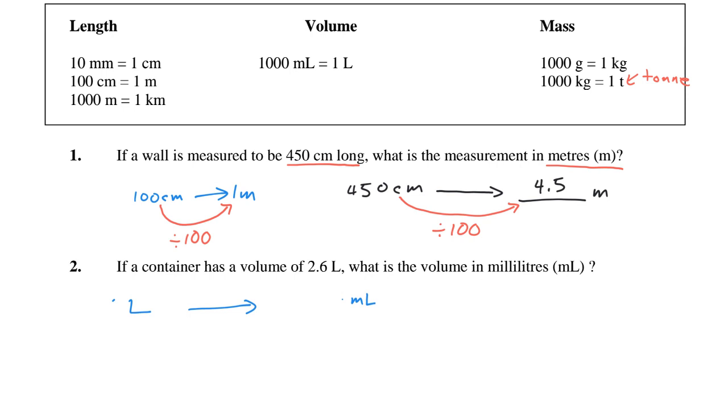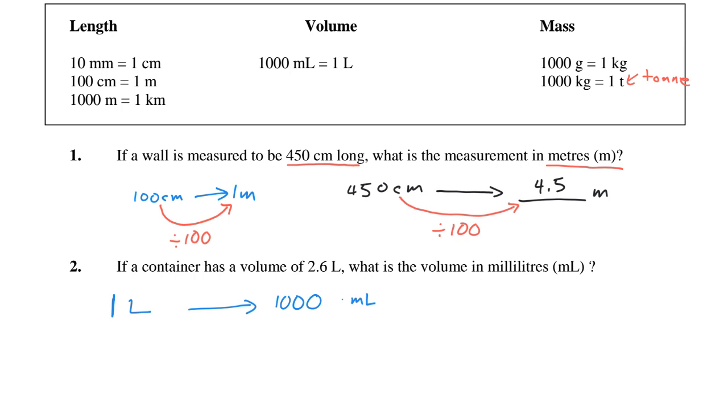All right, so let's go and do that. Let's look at our volume section of our chart. Now, in our volume section, you'll notice that for 1 liter, we produce 1,000 milliliters. Okay.